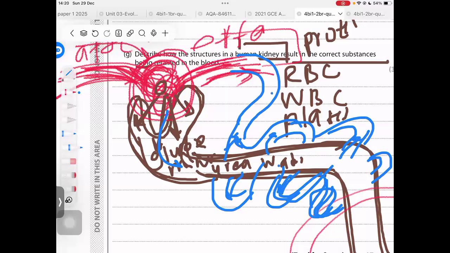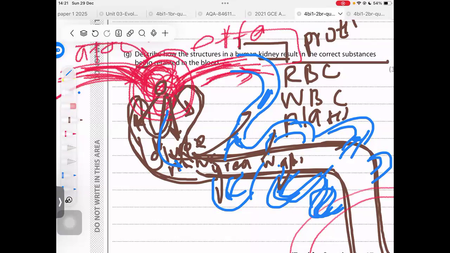The glucose concentration in the capillaries is very low, but the glucose concentration in the Bowman's capsule is very high. So down a concentration gradient, it's going to be selectively reabsorbed back into the capillaries.